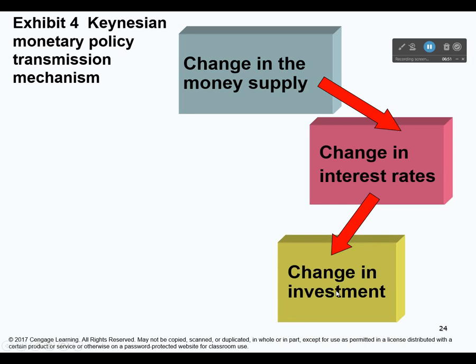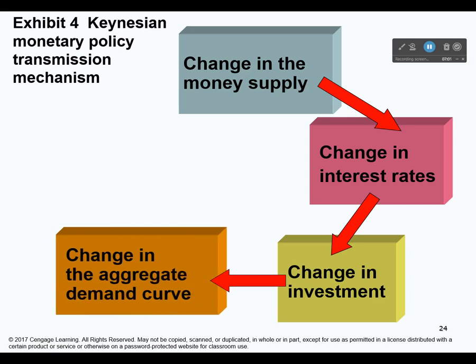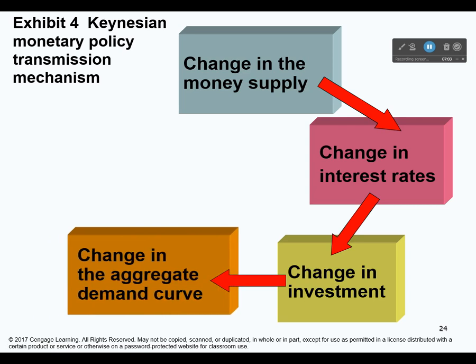The Keynesian model believes that spending generates real output. So if we have less investment spending, all other things being equal, that will cause a decrease in aggregate demand. We looked at those in chapters 20 and 21.